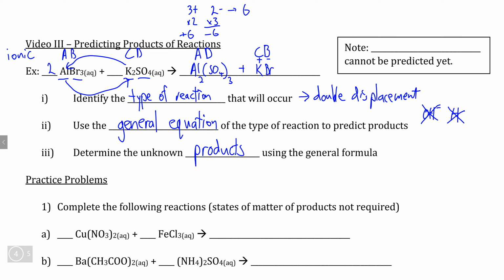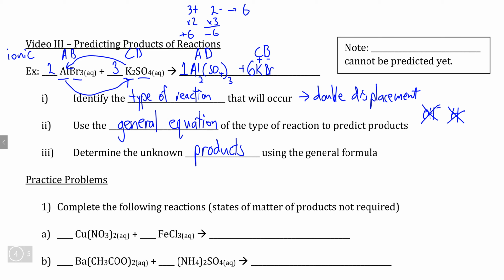Our products have 3 sulfate, so let's keep the polyatomic ion together and just write a 3 in front of potassium sulfate. And then we can see that we have 2 times 3 is 6 bromine and 3 times 2 is 6 potassium. So we can write a coefficient of 2 here. And if we put a 1 in front of aluminum sulfate, our reaction is complete and balanced.